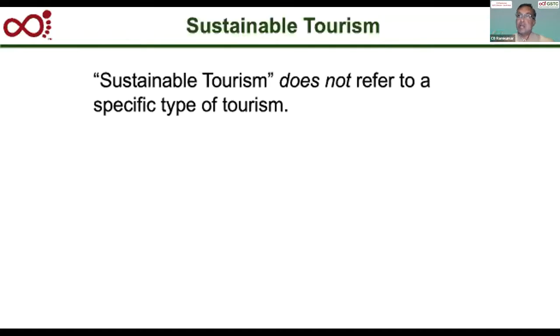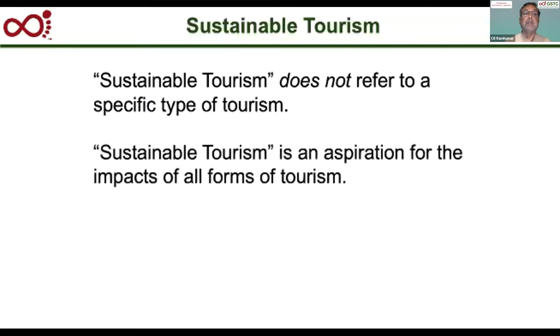That's another little trap that we fall into, where I've had people say that, you know, we are in ecotourism, the other people, they are in regular tourism. No, sustainable tourism does not refer to a specific type of tourism. Whichever sector of tourism you are in, sustainable tourism is applicable because we want the overall tourism business to be more sustainable.